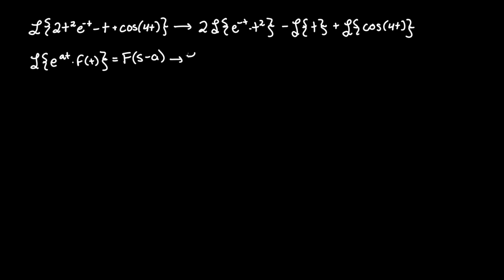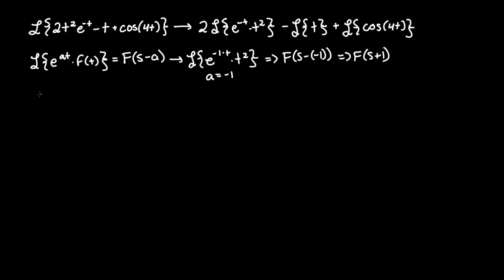In our situation, we have Laplace of e to the negative 1 times t, so 1 is our coefficient, times our f of t, which is t squared. And as we know, a equals negative 1. That means that our F of s term will become F of s minus now a, which is negative 1. Or in other words, F of s plus 1. So whatever we find for our f of t Laplace, we just have to add 1 to every s term.